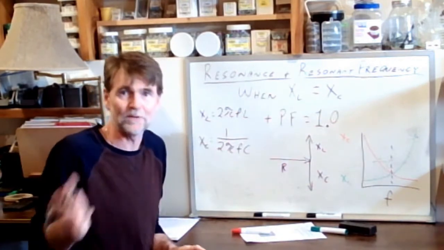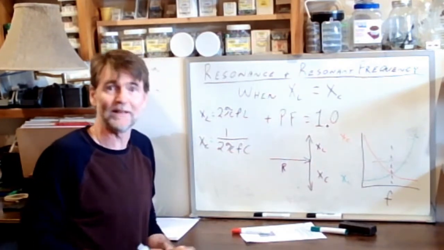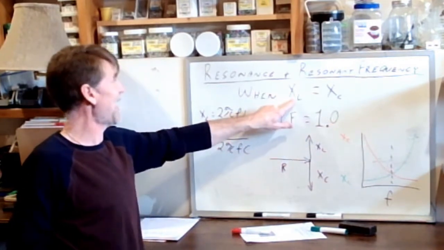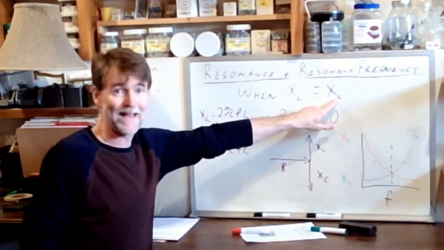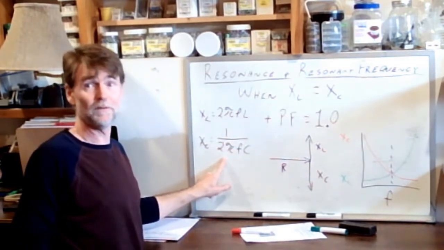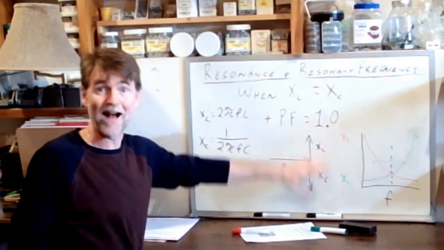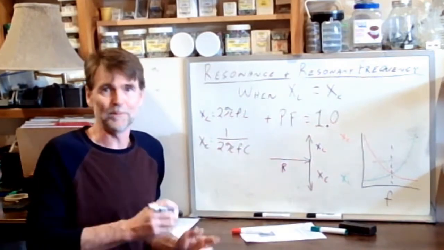There's a handout that I put on Blackboard that goes through the algebra, and we can actually calculate this. We can take XL equals XC and substitute XL for what XL equals, 2 pi FL, and substitute what XC equals, the inverse of 2 pi FC, and with that equation we can then do the algebra and isolate it so that F equals, and it's a big ugly piece of math.